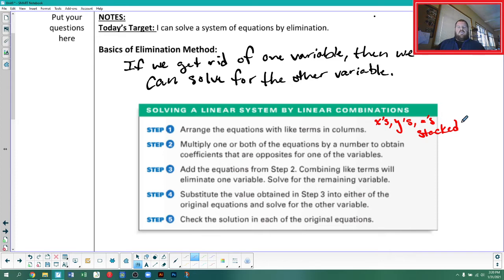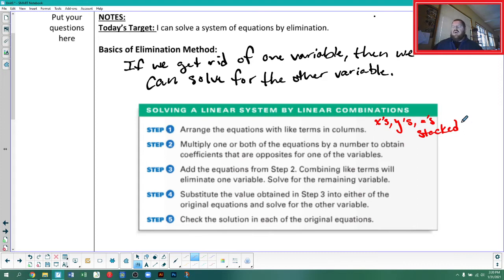Then we want to multiply one or both equations by some number to obtain coefficients that are opposites for one of the variables. We'll take a look at that. That's the main hurdle when it comes to using elimination.